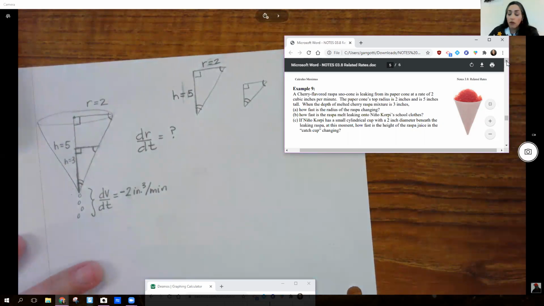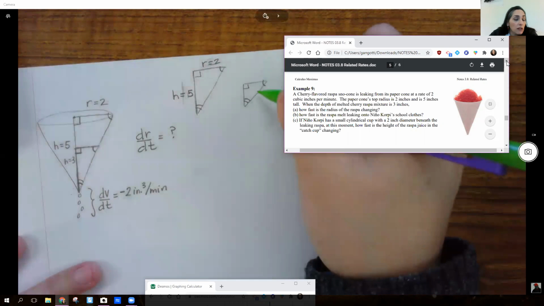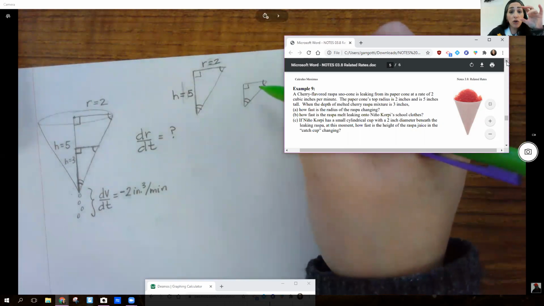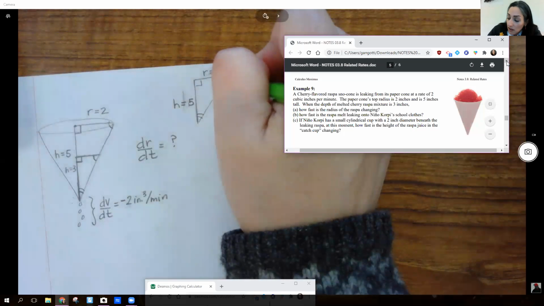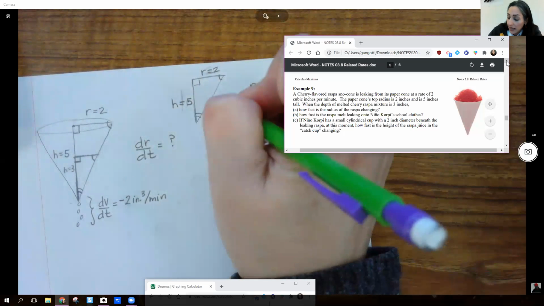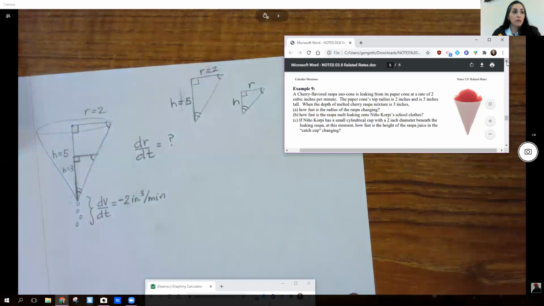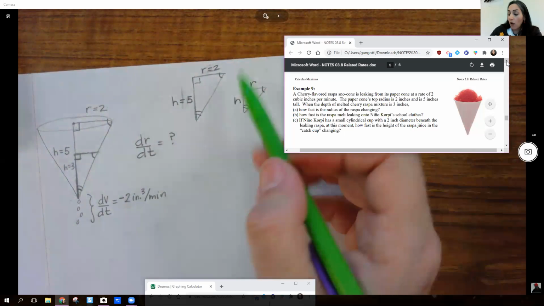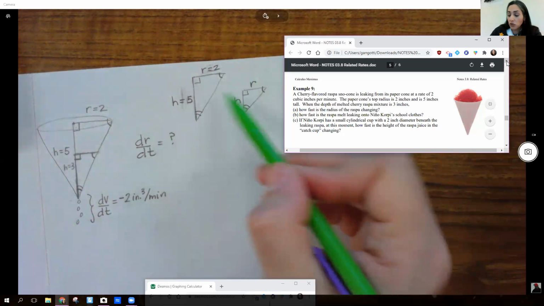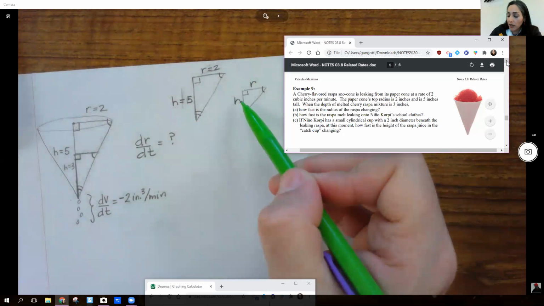So now, the little right triangle. That one's the one that's changing, right? Because as the snow cone mixture is leaking out of the cone, the radius is getting smaller and the height's getting smaller, and it keeps changing. So I'm just gonna leave this R and H. Now, I know that these are similar to each other, so they have to be in the same ratio.